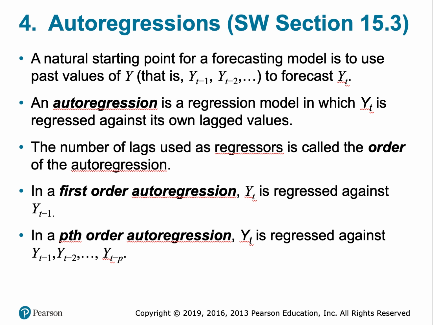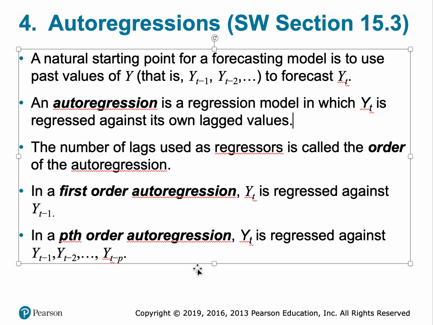Let's talk about autoregressions. A natural starting point for a forecasting model is to use past values of y, so these are our lags, yt minus 1, the lag yt minus 2, etc., to forecast the value of yt.